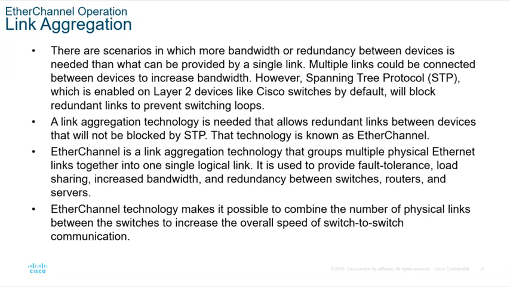the Etherchannel mechanism, or link aggregation, because link aggregation is combining multiple links, multiple links could be connected between devices to increase bandwidth. But still, in this scenario, when you have multiple links, for example between switch 1 and switch 2, then automatically 2 of the links are going to be blocked, and only one is going to be allowed to forward.